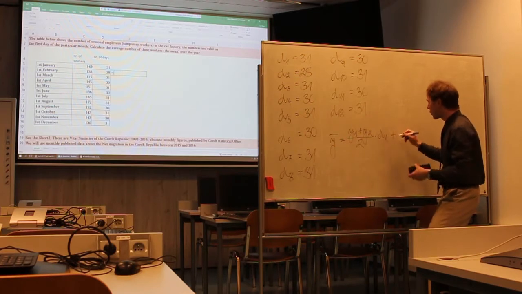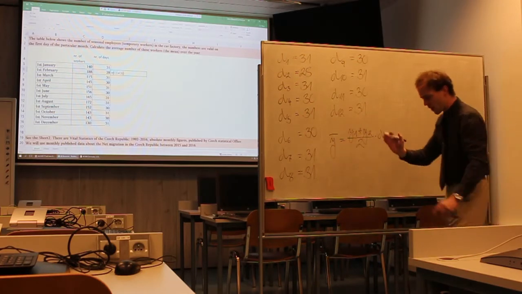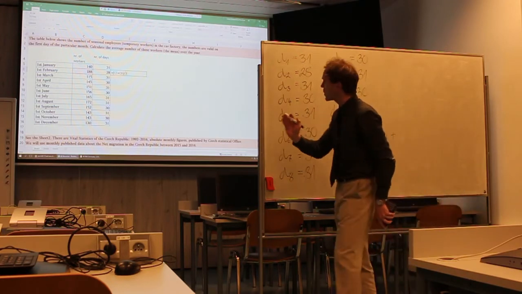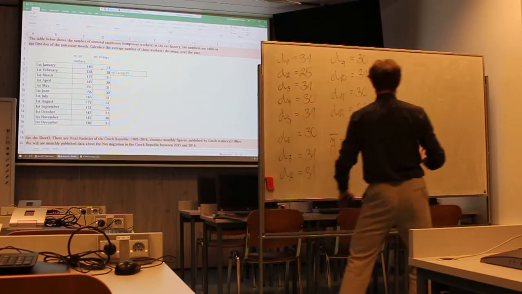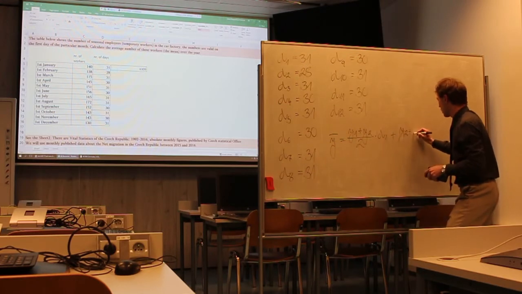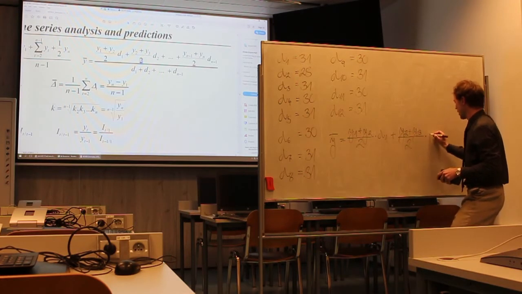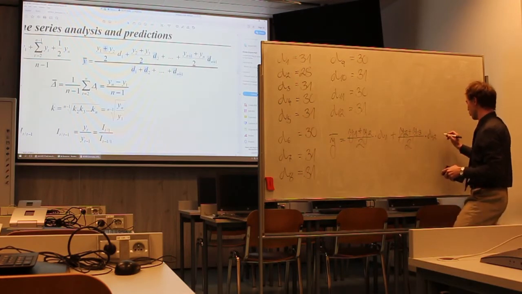And we will continue, because this is a summation of weighted moving averages with length 2. The second is Y2 plus Y3 divided by 2, weighted by D2.